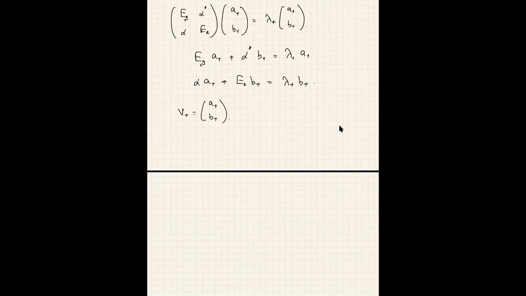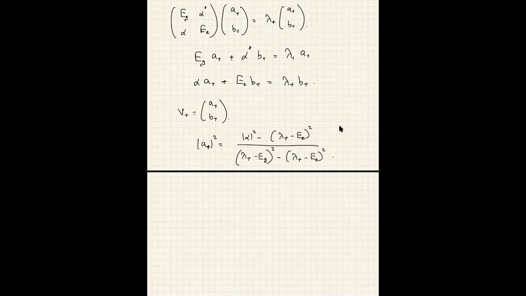So to give you one of the answers, mod A plus squared would be, I think, alpha squared over (lambda plus minus Ee) whole squared, divided by (lambda plus minus Eg) whole squared, minus something. Okay, you can go ahead and verify if this is true, if this is what you also get.